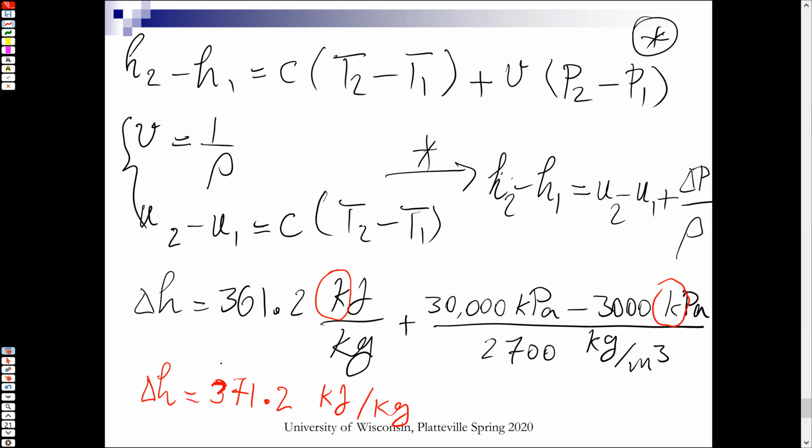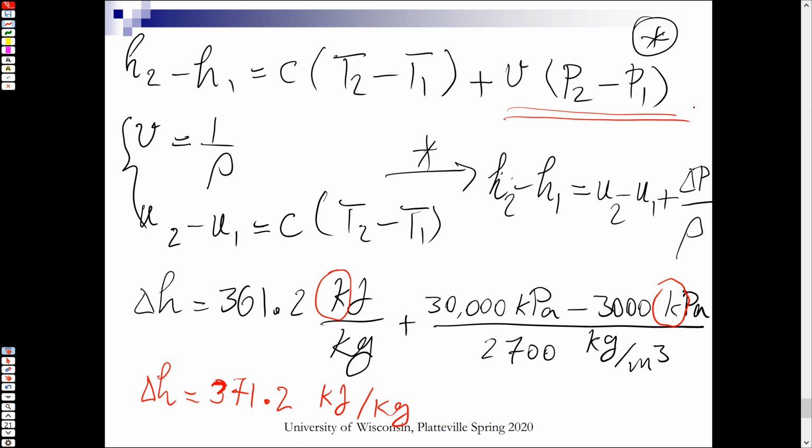If you compare this number with and without the second term, the V delta P term, you will see that the effect of this second term is less than 3%. So in some cases, you can just ignore that term.